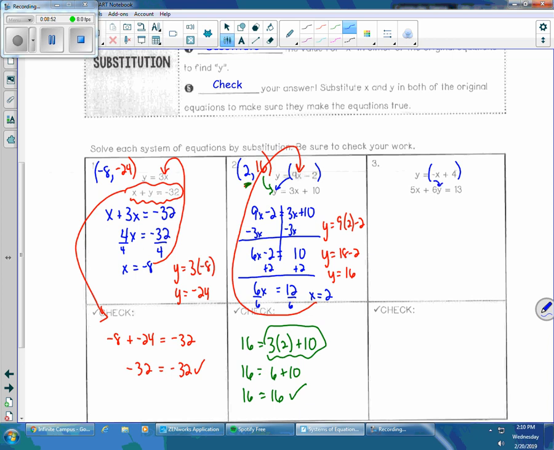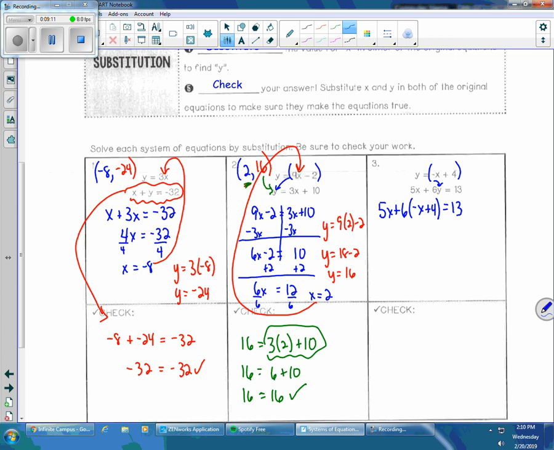Now, what does that look like? I'm going to have 5x plus 6. Now, instead of y, I'm going to put my parentheses with what I said y equaled, -x plus 4, end parenthesis, and then the rest of the equation comes down, equals 13.